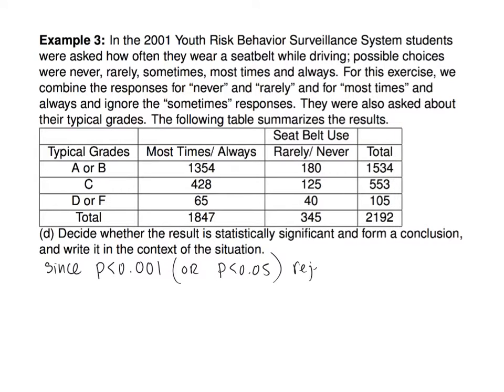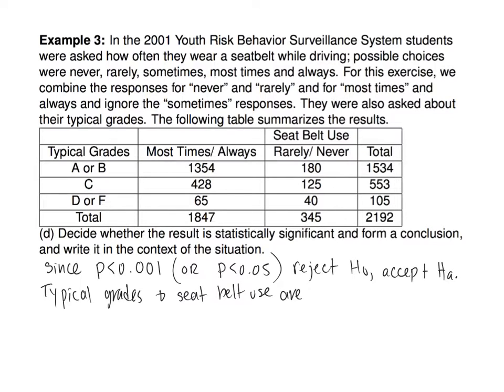You reject H naught because it's super unlikely. You accept HA. So what does that tell us about grades and seatbelt use? Yep, typical grades and seatbelt use are related.